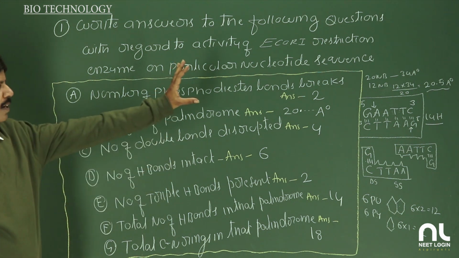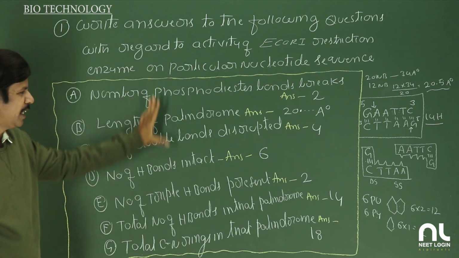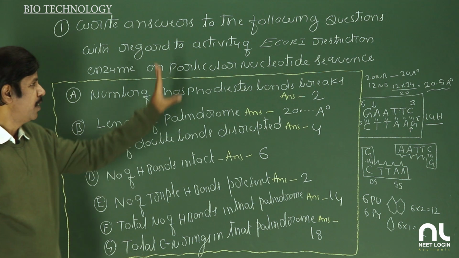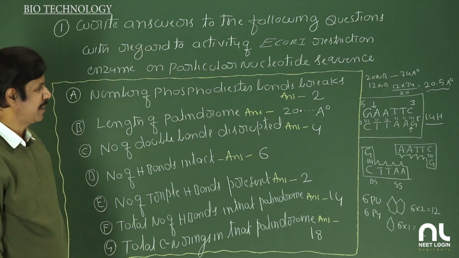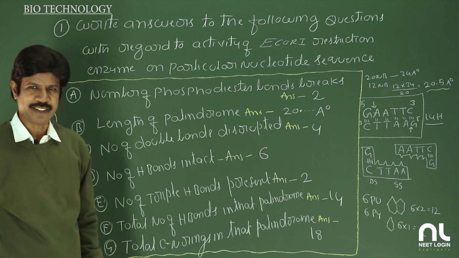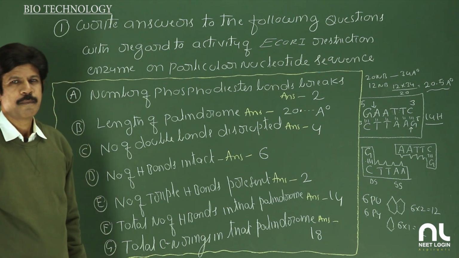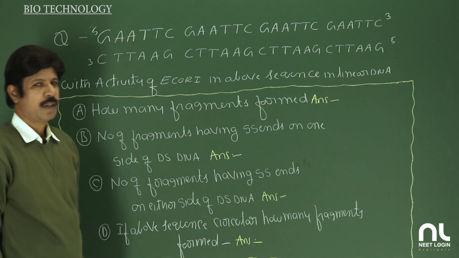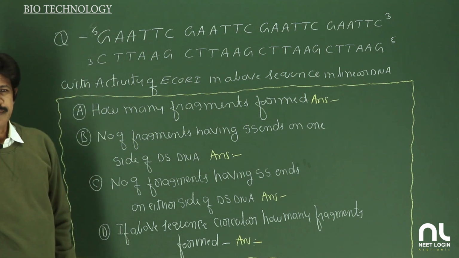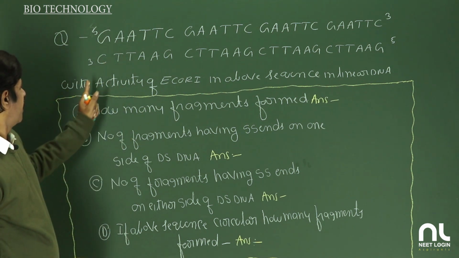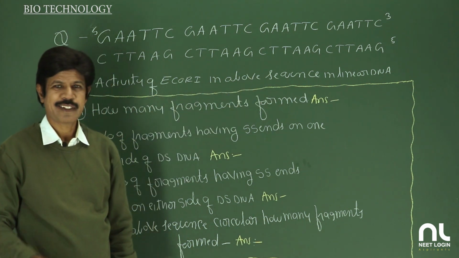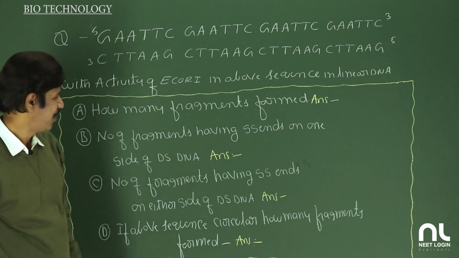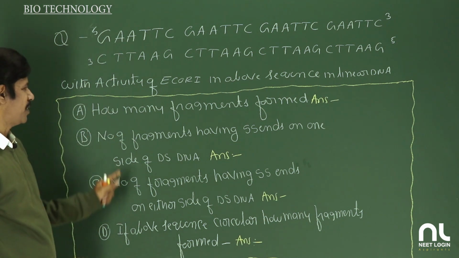So, in simple terms, we elaborated in the form of various questions for this EcoRI acting on a particular nucleotide sequence, GAATTC. In this question, with the activity of EcoRI on the above sequence in a linear DNA, these are the questions.